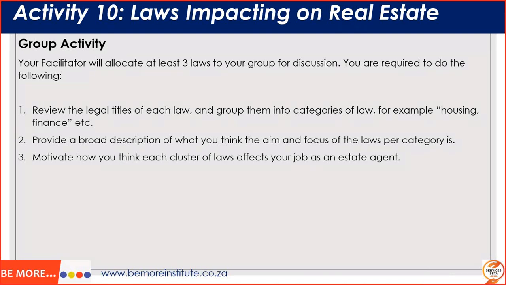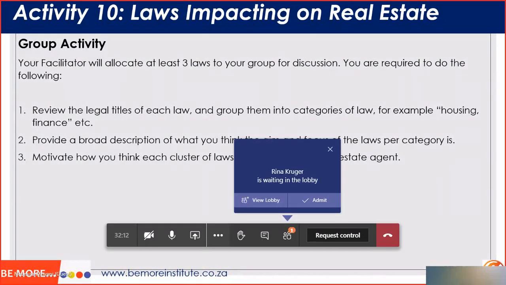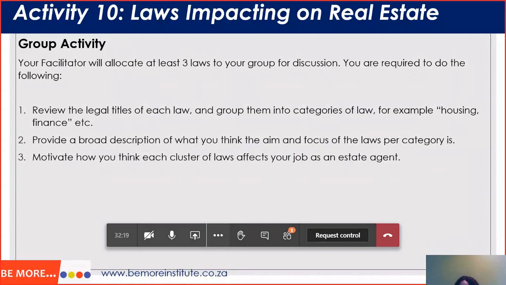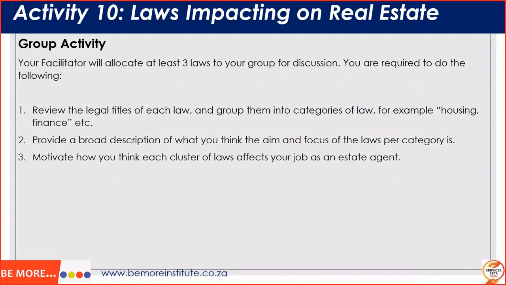Matsiriso, the last time I checked, you were with me. This is Abungile speaking. You were with Abungile and Alex, which is group one. Group one, thank you so much. Anybody else who wasn't allocated a group, so that we can allocate you? Okay, all right, we can deal with that at a later stage.